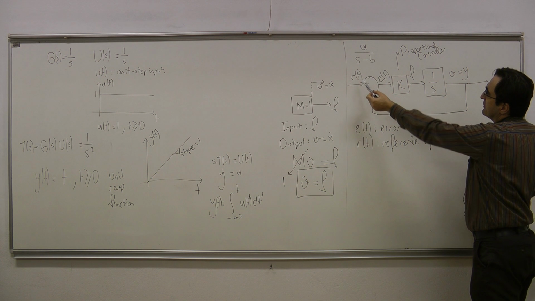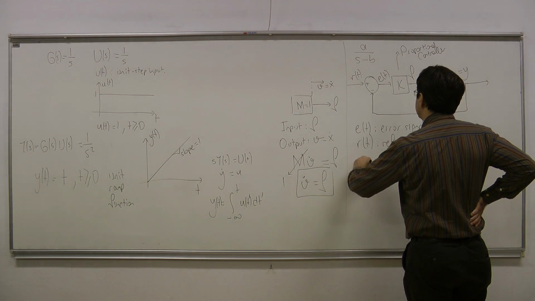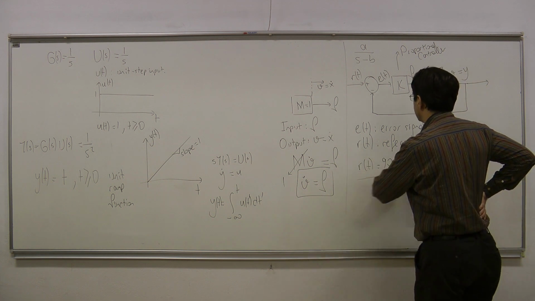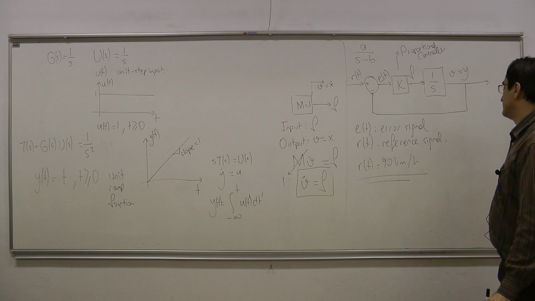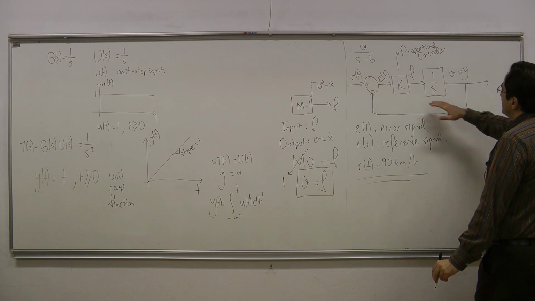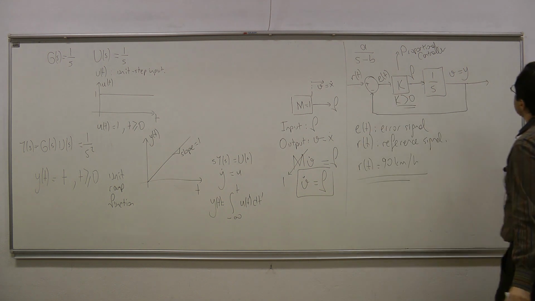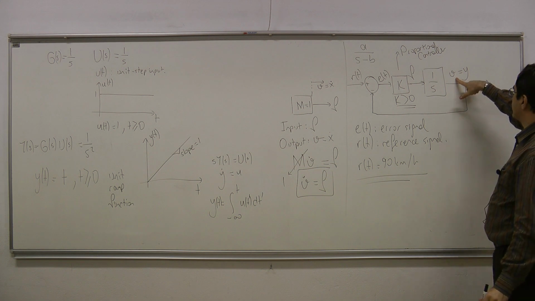Suppose that my reference signal is constant. Okay? Suppose that the reference velocity is 90 kilometers per hour, and here I'm assuming k is positive. So suppose that the actual velocity of the mass is 70 kilometers per hour.